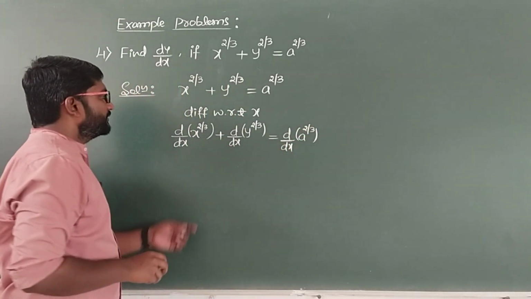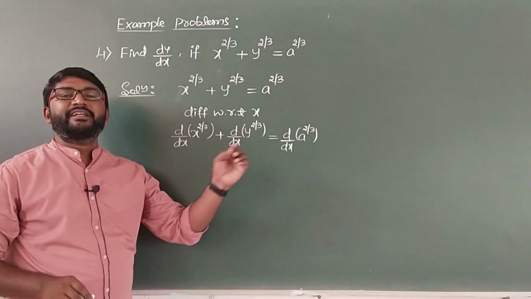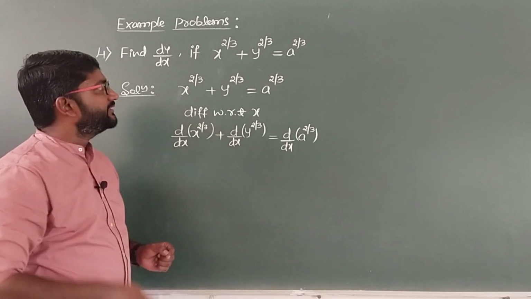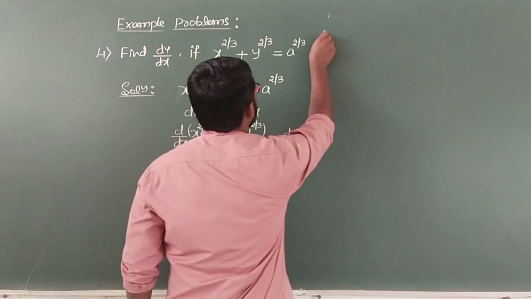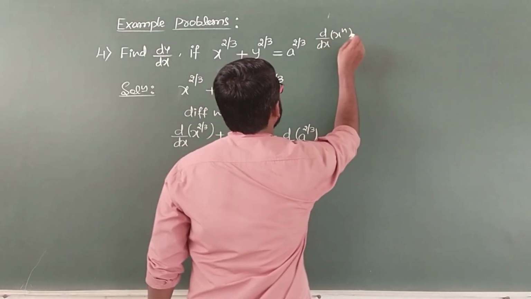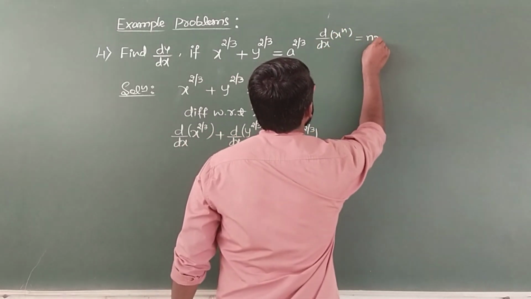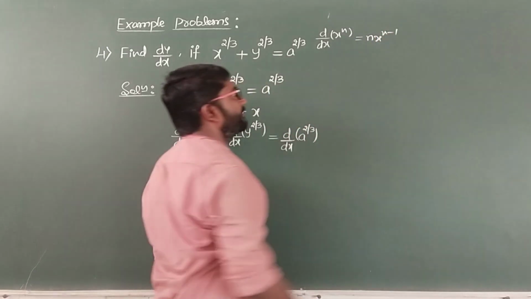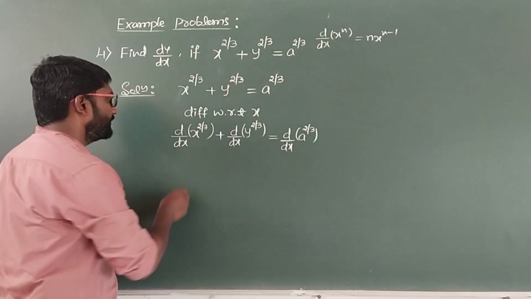So here these two are in the form of x to the power n. The standard formula is d by dx of x to the power n equals n into x to the power n minus 1. So here n is nothing but 2 by 3.